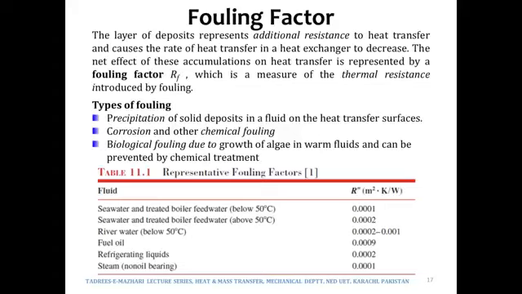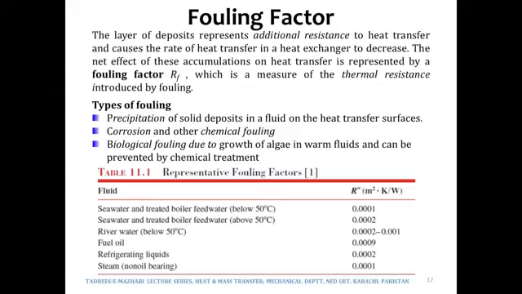When that matter settles on the surfaces of the tubes, for example in a shell and tube heat exchanger, that additional substance will offer more resistance, and more resistance will reduce the heat transfer rate.